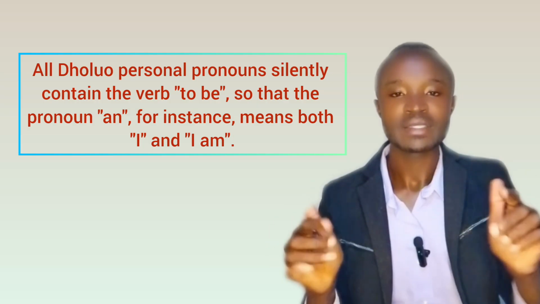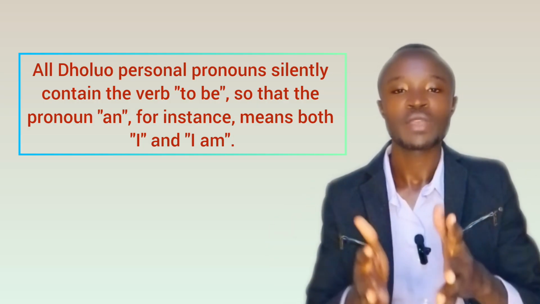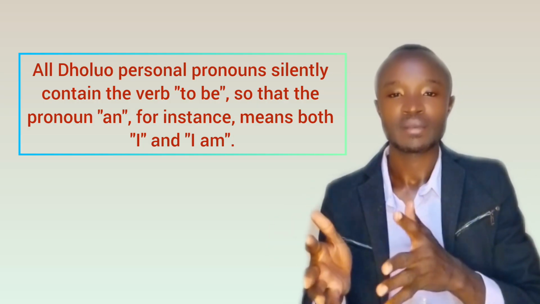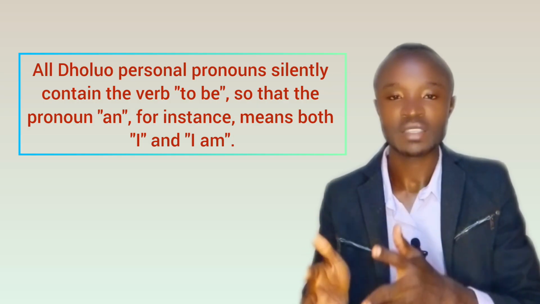Something else I need to say is that without extra conjugation, the subject plus verb is generally assumed to be in the present tense. There is the verb to be silently hidden within the personal pronoun in the subjective case.